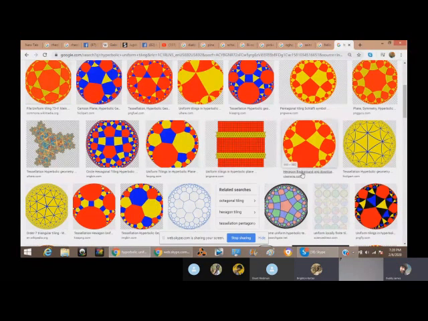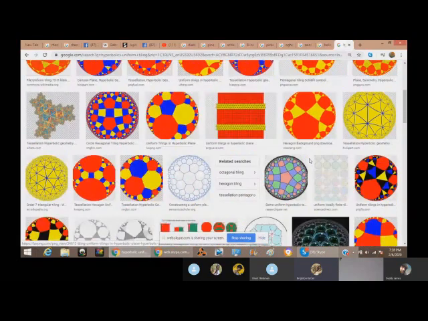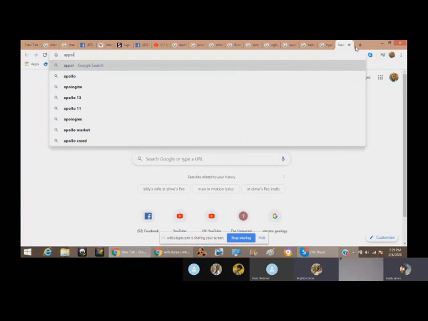I know MC Escher has diagrammed some of these structures, these hyperbolic tiling structures, with creatures like lizards or fish, where it's really wild to look at.